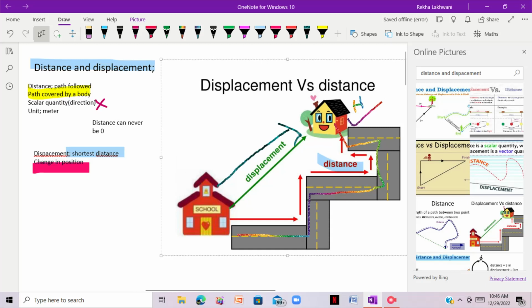How am I saying this? For example, let's draw another diagram. Let's see this diagram, I guess it will explain it. Here we have the diagram.